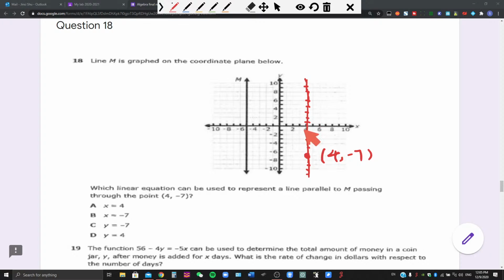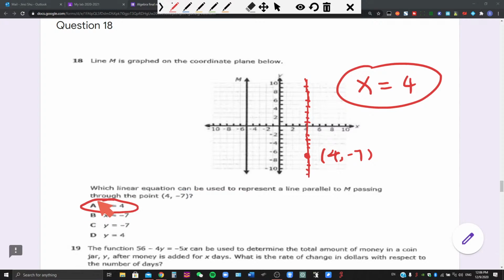So x is always 4, and y can be anything. I only know x is 4. I don't care about y, y can be whatever, but x is 4. So the formula is just x equals 4.